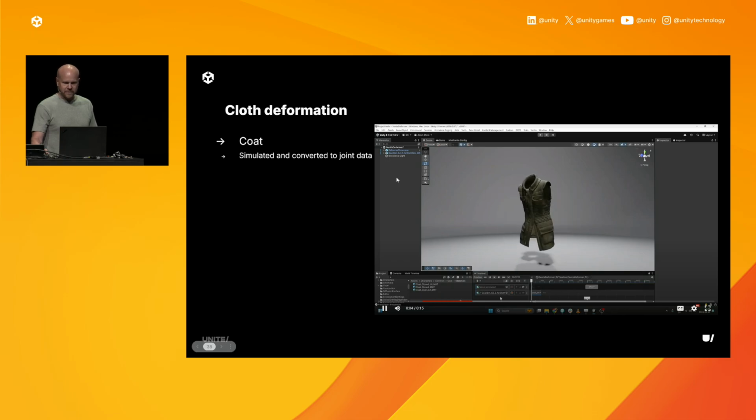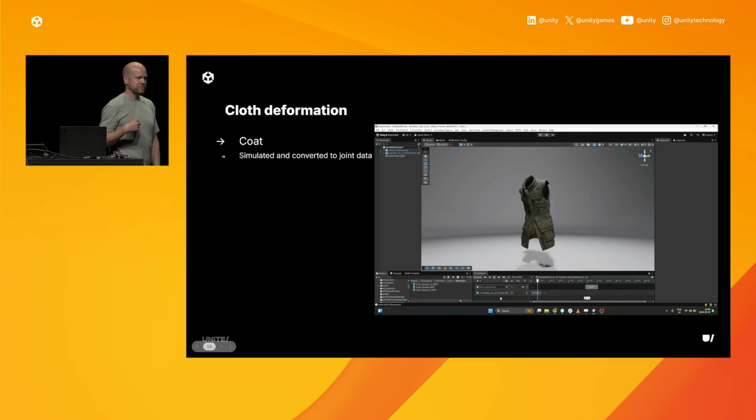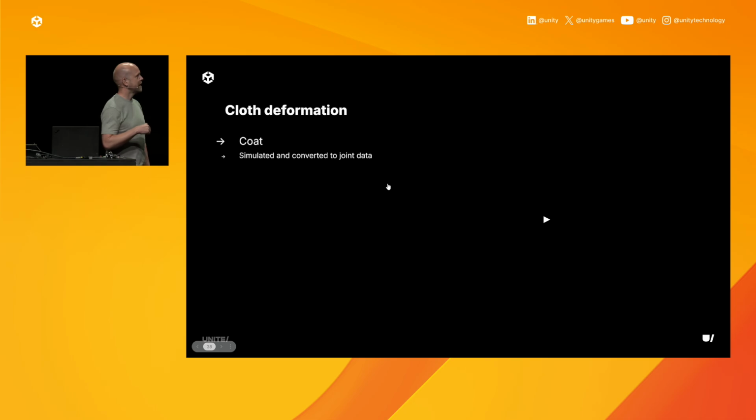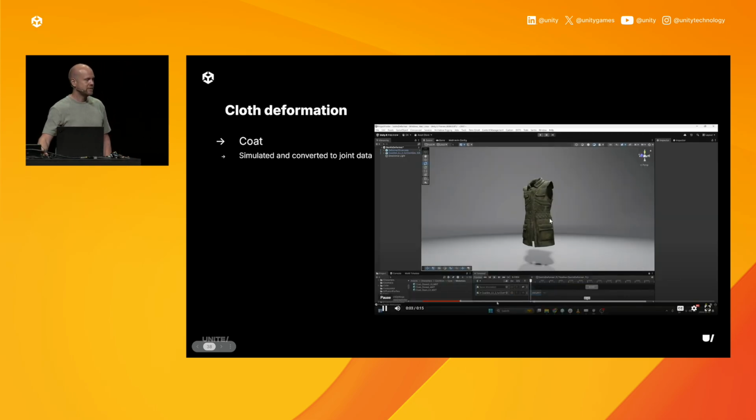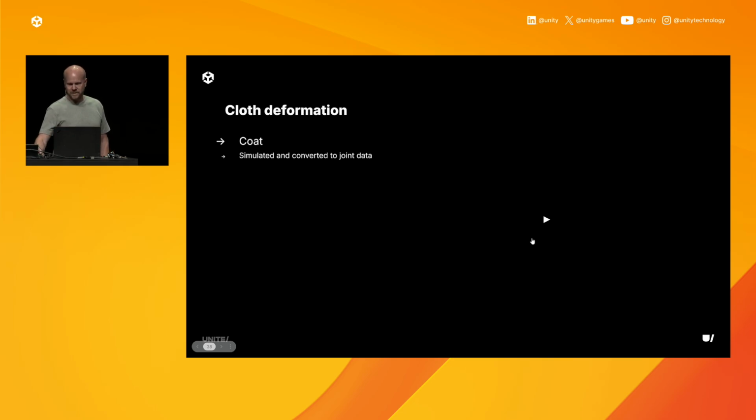Right, so the character has three layers. Basically, it's the outfit, which is the whole full dress. Then we have the coat, and oh, it doesn't loop here. Just play. And then on top of that, we have all the gear. For the coat, we wanted a specific look and feel to how it deformed.